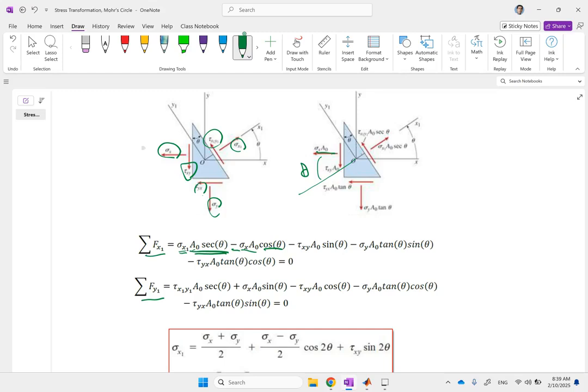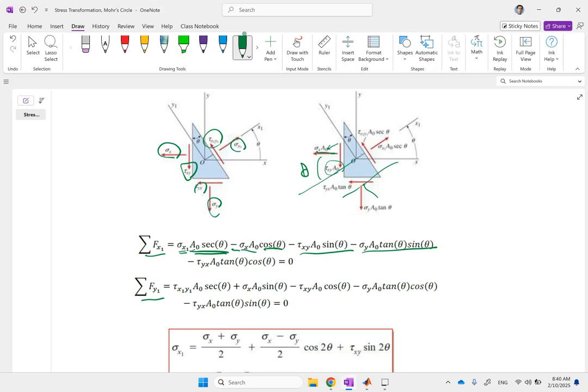For the tau xy, A naught, this component is clearly a sine, and it is again negative. Then we have sigma y. If you break it down into this direction and this direction, you see that the x component is negative, and again it's a sine.